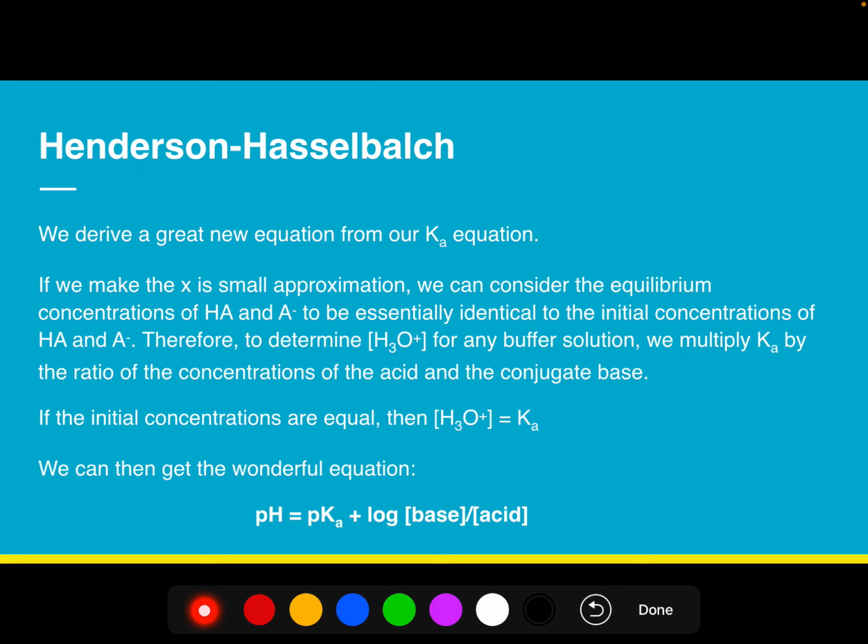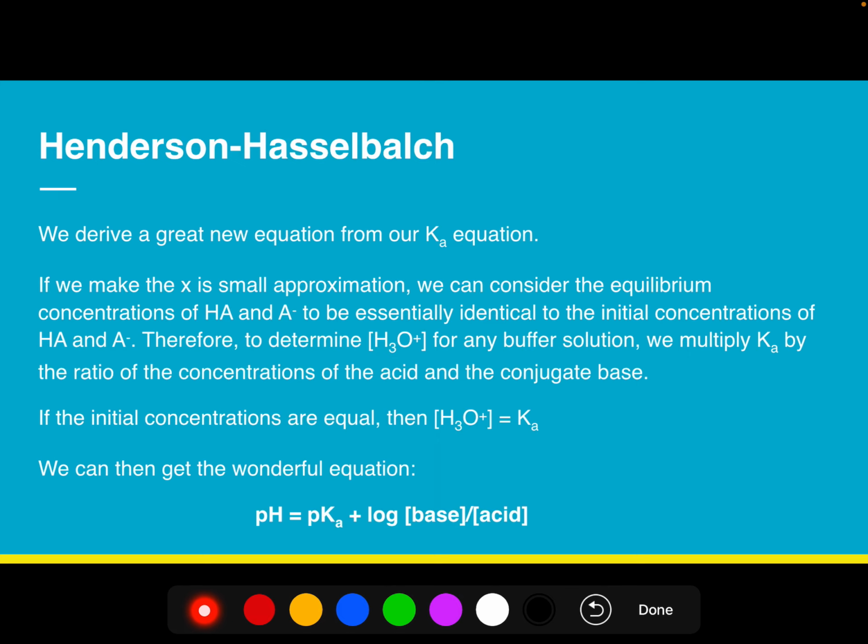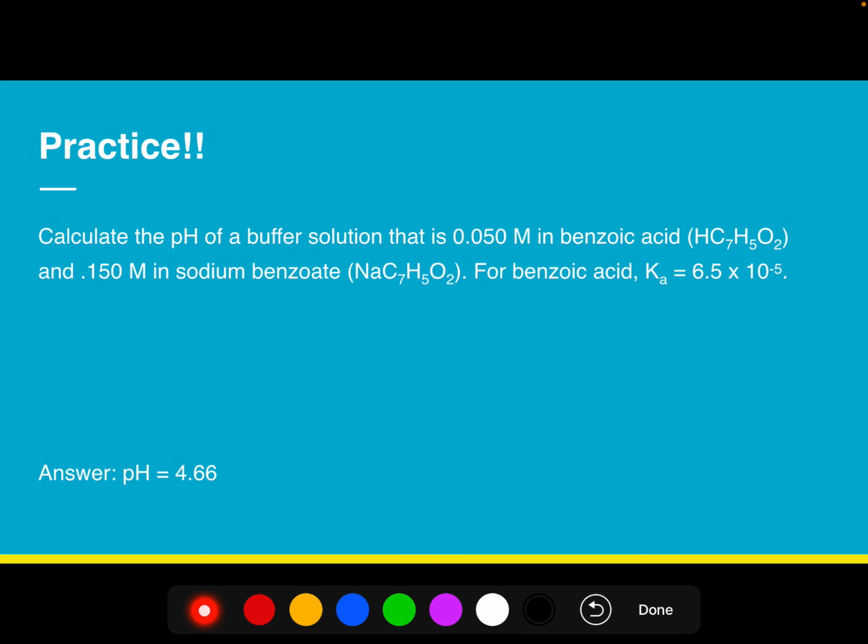So what you would do is, well, actually, let's just go ahead and move to the practice. So the equation, you'll want to memorize it, is base over acid. So if that was confusing you, it's base on top of acid in the whole log thing. So calculate the pH of a buffer.